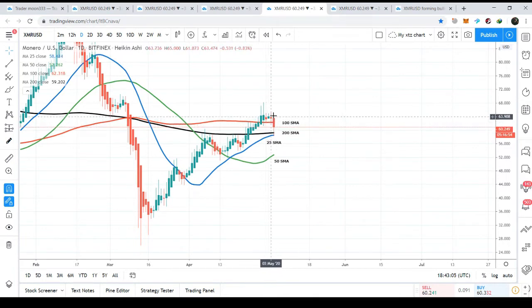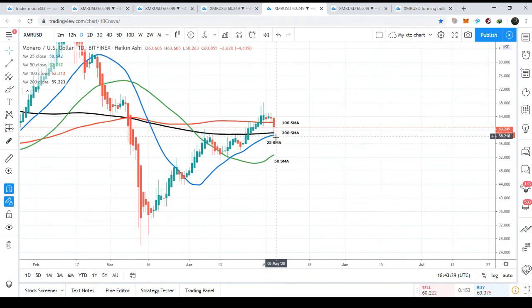More than half a candlestick has dropped below this 100 simple moving average, but we have a strong support of this 200 simple moving average, and the 25 simple moving average is moving up to form a golden cross with the 200 simple moving average, and we also have this 50 simple moving average moving up to form a golden cross with the 200 simple moving average.